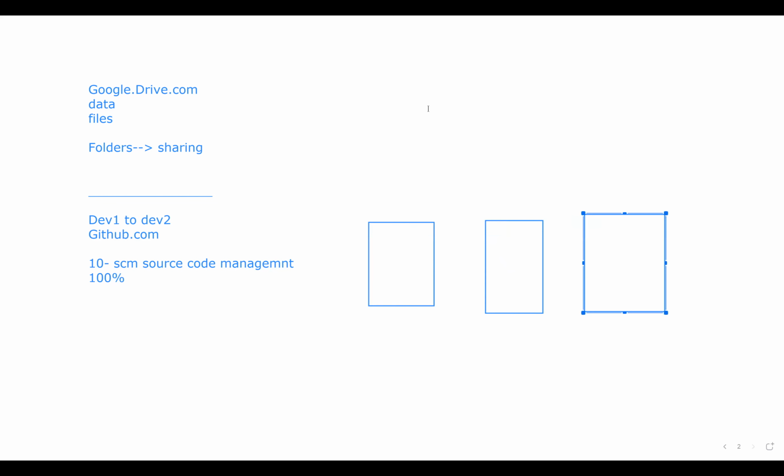So when they need to release the code after 3 months, imagine this 3 months is almost done, and tomorrow is our release. In this scenario, this developer kept all his code on the desktop.